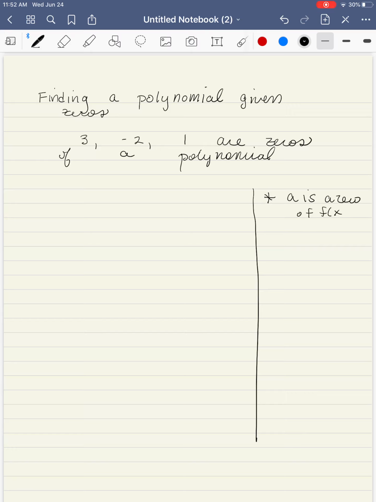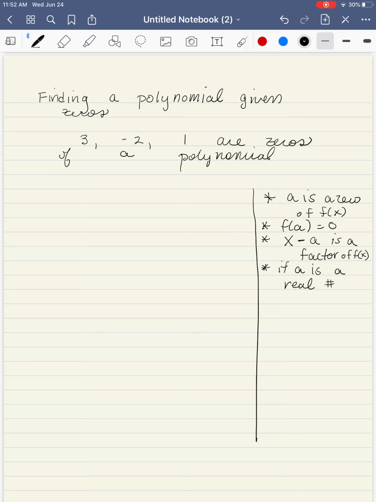And we know that if a is a zero of f of x, by definition that means f of a equals 0. And we know that x minus a is a factor, one of the things that I could multiply together to get that function f of x.